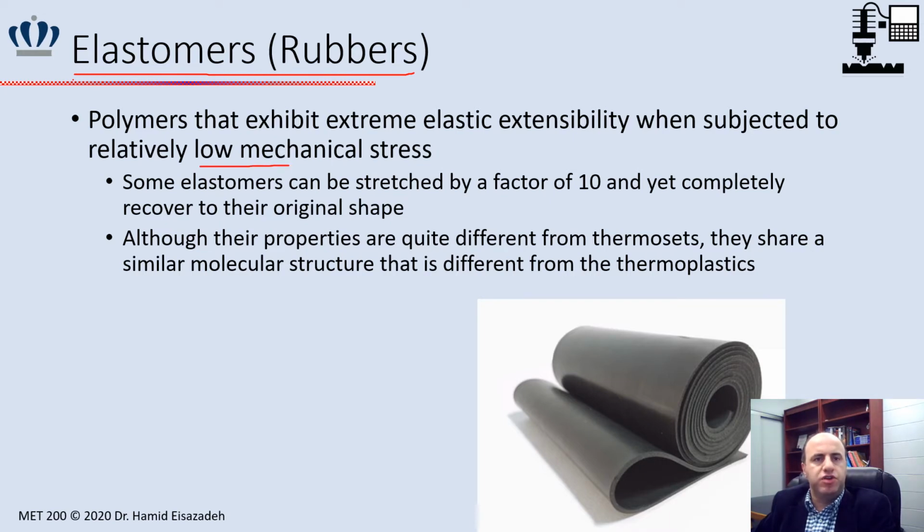Sometimes they can be stretched by 10 times. Then they can recover their original shape. This material is neither thermoset nor thermoplastic. These are somewhere between these two. They have properties between thermoset and thermoplastic.